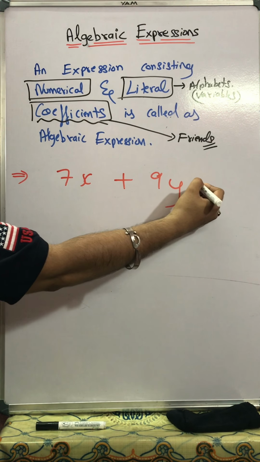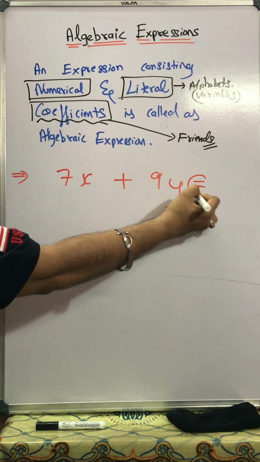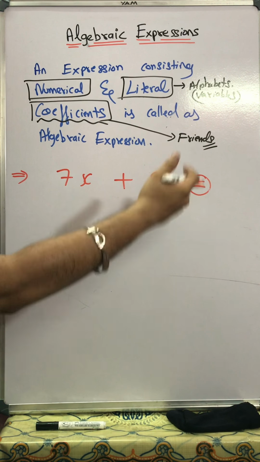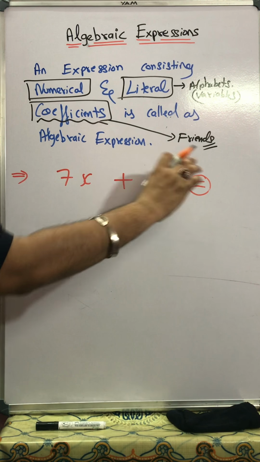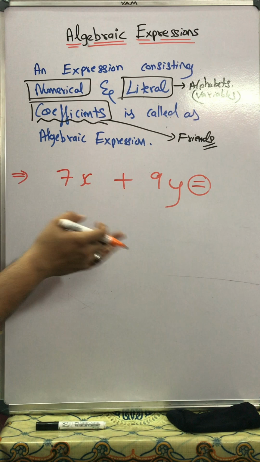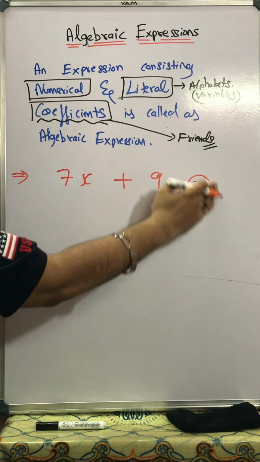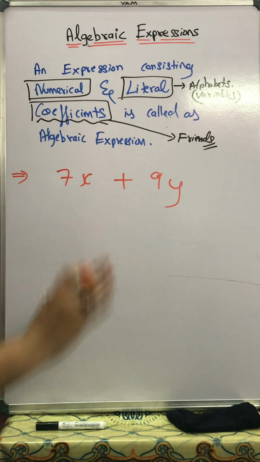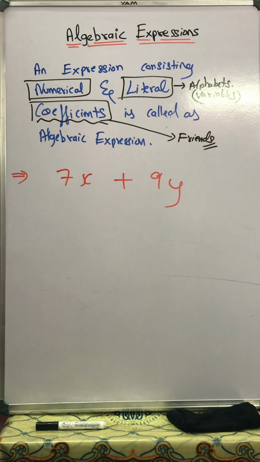If the equal to sign comes and any number or 0 is written, then we can call this an equation. But this is not an equation. This is an expression because here the equal to sign is not mentioned.